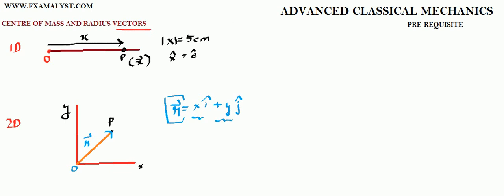For example, this point P is at a distance say x, and this side the distance is say y. To make it clearer, let me give a dotted line from here to here, and another dotted line from here to here. So the r vector represents the position of any point P on a 2D coordinate system.